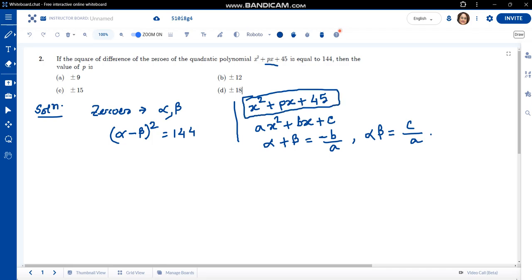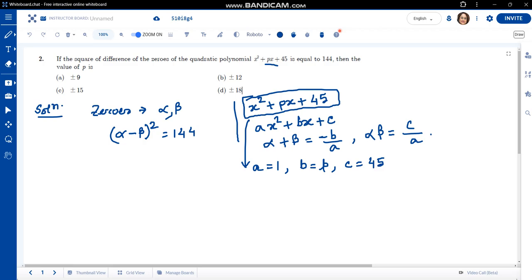Now look at this polynomial. In this case, what are your a, b and c values? Here a is equal to 1, b is equal to p, and c is equal to 45. Keep it in mind, if it is written as minus b, then the b value will be negative.